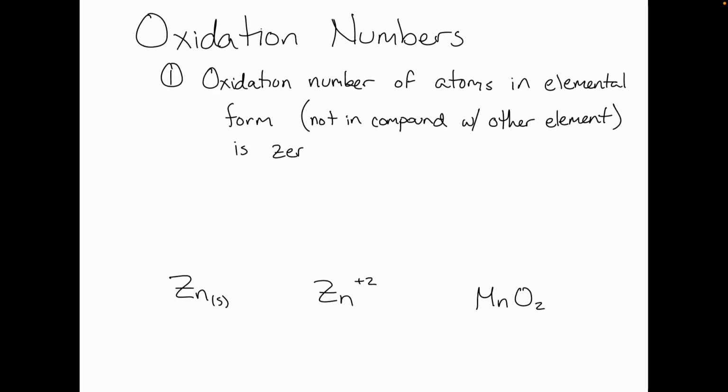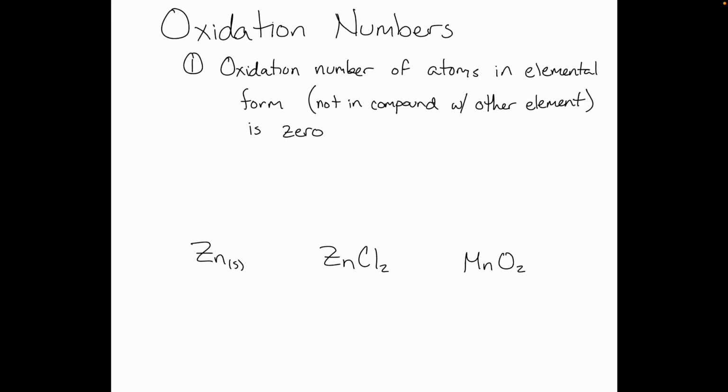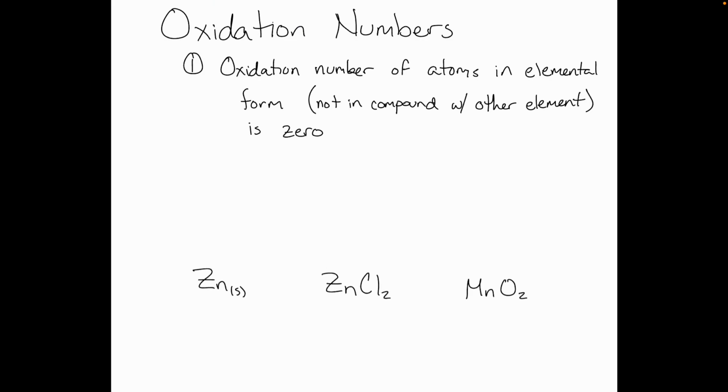Is always 0. All right, so I lied. I'm going to make this example a little harder. We're going to make it the zinc chloride here, ZnCl2. All right, so out of all of our examples here, do I have anything in its elemental form?